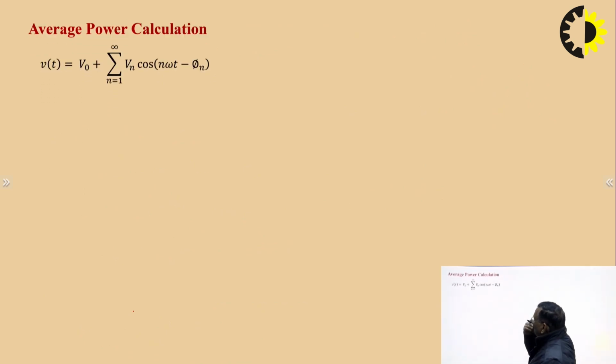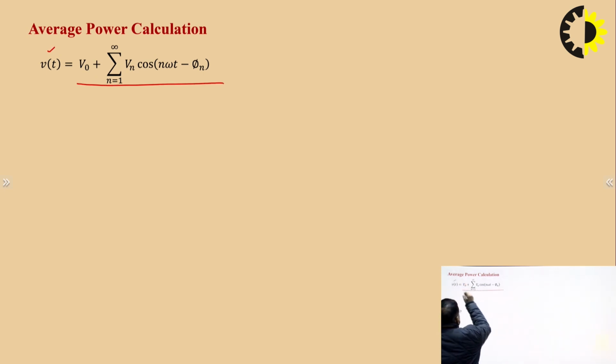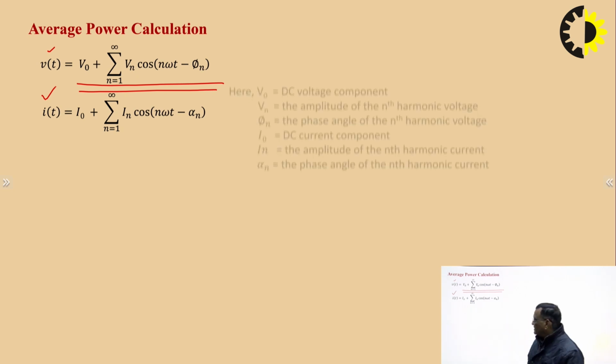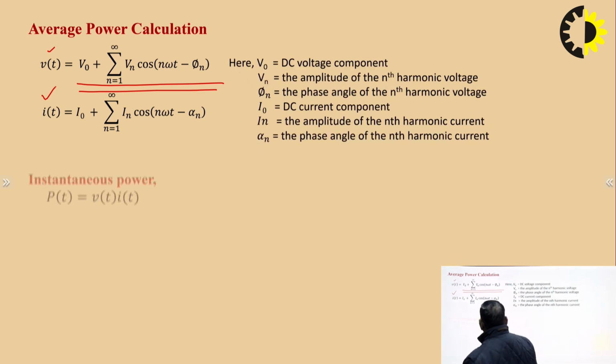Then how do we calculate the average power? This is the given voltage v(t), and corresponding to it we can find the steady state current. This is the current, this is the voltage, and this is the expression for power.